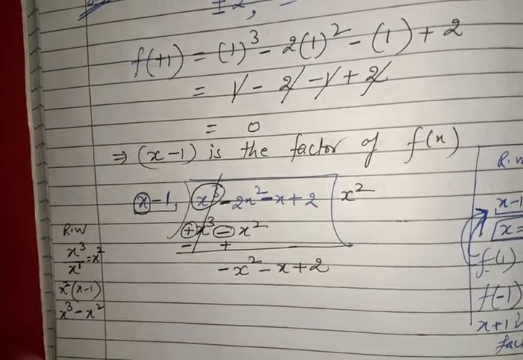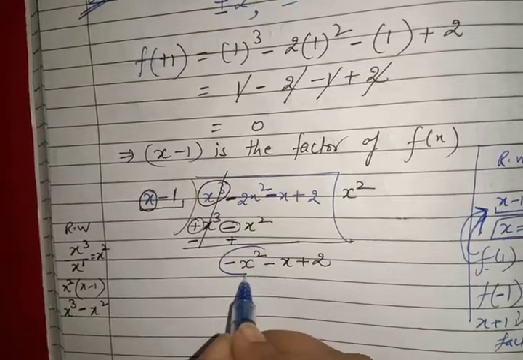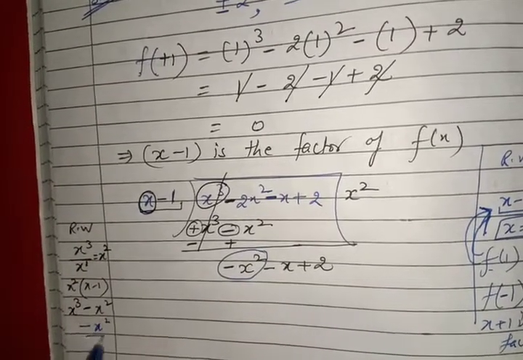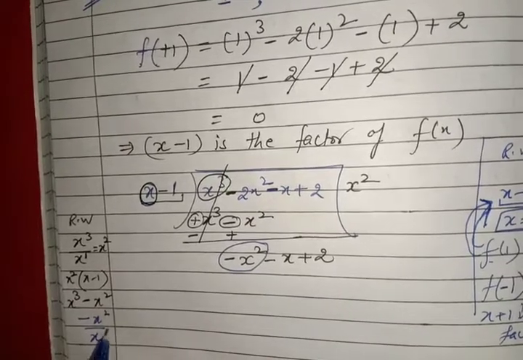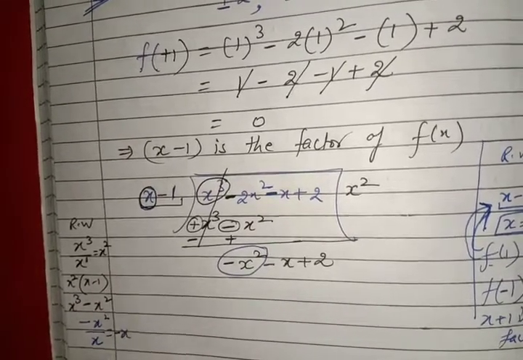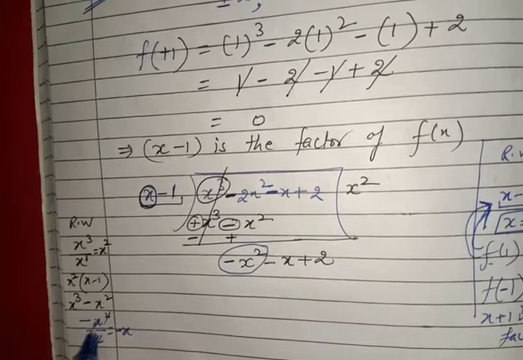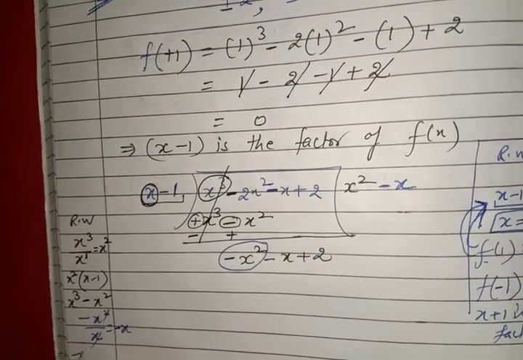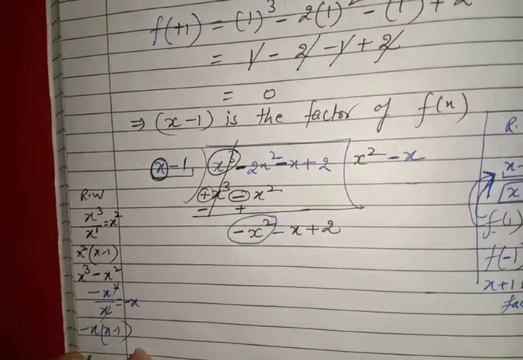We'll pick up this minus x square and divide it by x. So minus x square, when we divide it by x, we will get minus x. x gets cancelled with x and minus x will be left. So we'll write here minus x. Now multiply this minus x with x minus 1. What do we get?